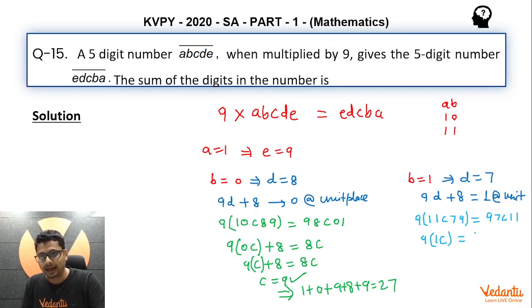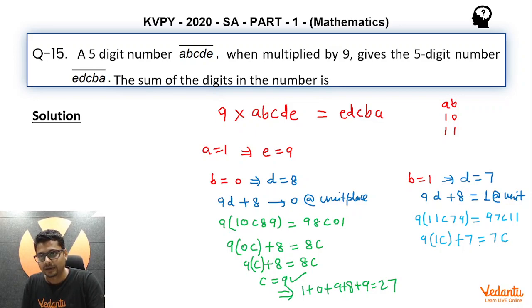And mind it, 7 is getting carried forward, so what you should be getting is 7c.